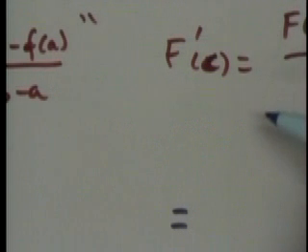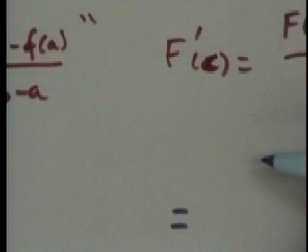All right, so the average. I want to be able to come up with f of c equals 1 over b minus a times the integral from a to b of f of x dx. Okay, I think we can do this.